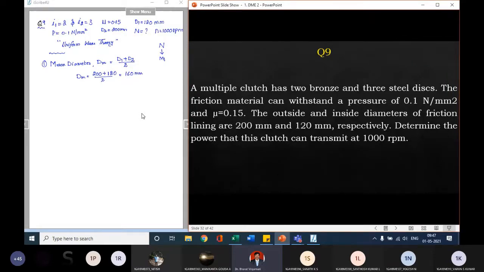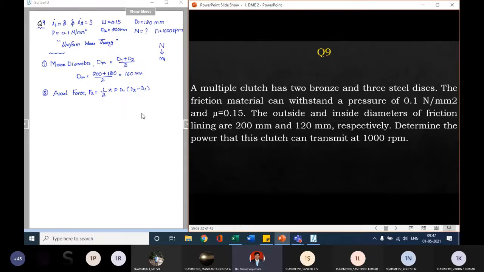Once you have got this value, the second step, axial force. Axial force will be equal to half pi p d1 d2 minus d. Right.